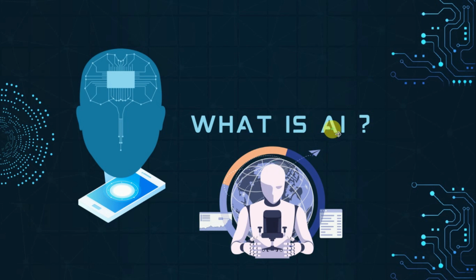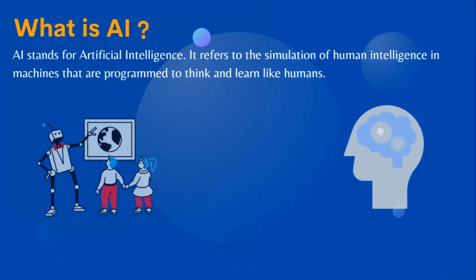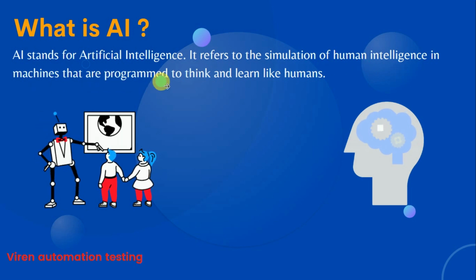So first understand the definition of the AI. Okay, now let's understand the definition of the AI. AI stands for the artificial intelligence and it refers to the simulation of the human intelligence in the machines that are programmed to think and learn like humans.